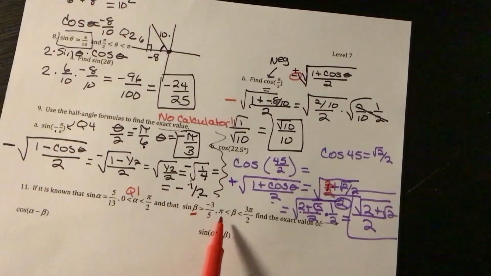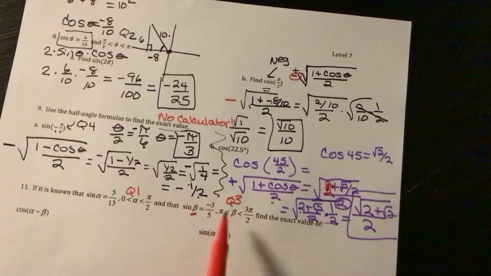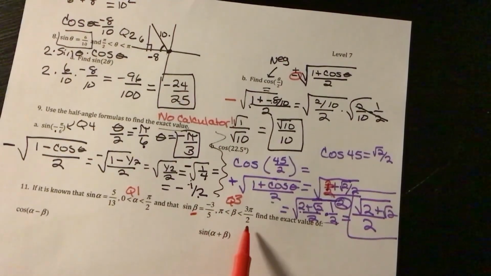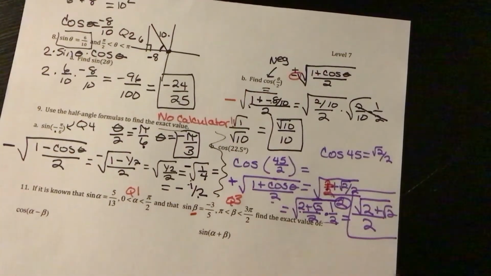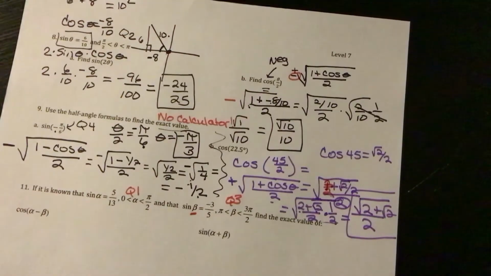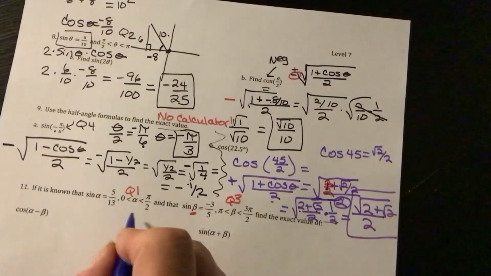And this is in quadrant 3 because it's between pi and 3 pi over 2. And they're asking us to find the exact value. So first of all, I'm going to draw a picture of what this looks like.